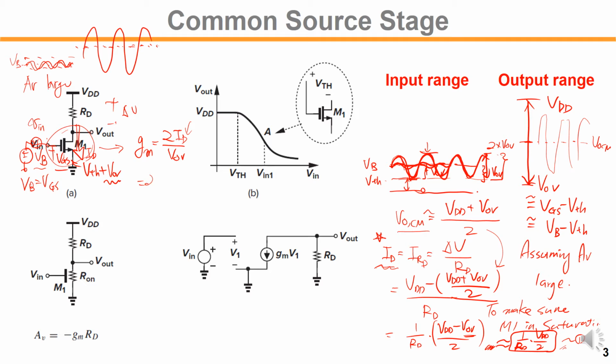So 2 times 1 over RD times VDD over 2, over the overdrive voltage. So the GM becomes approximately VDD over V overdrive times 1 over RD.